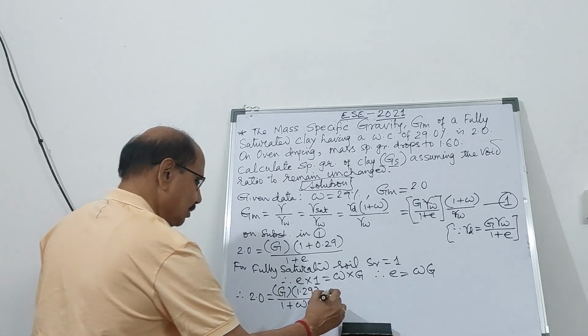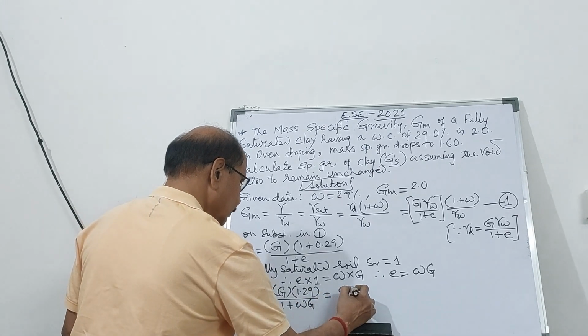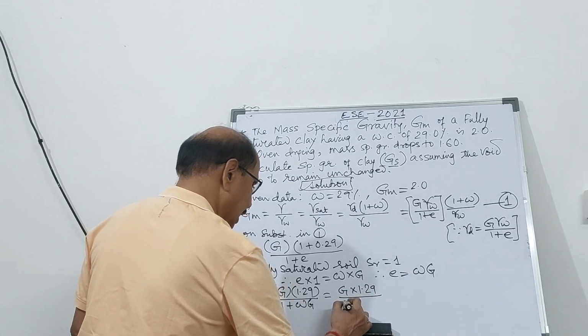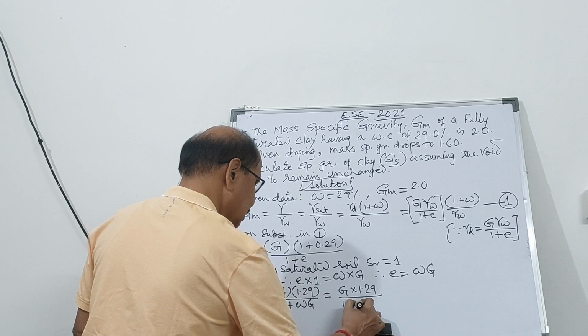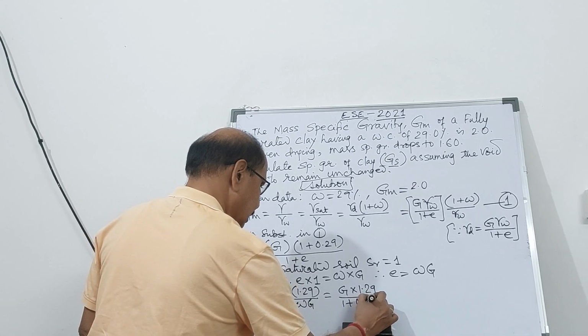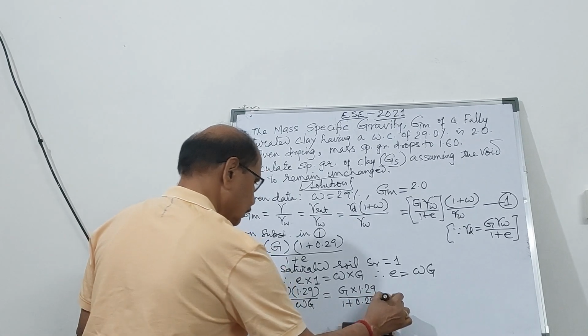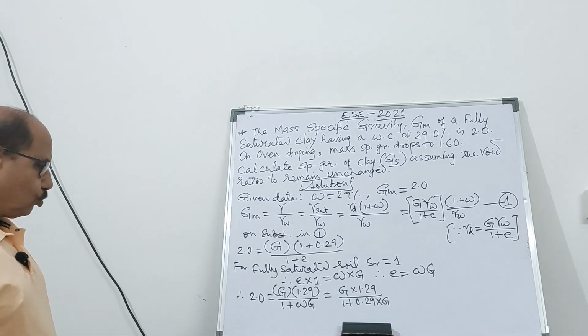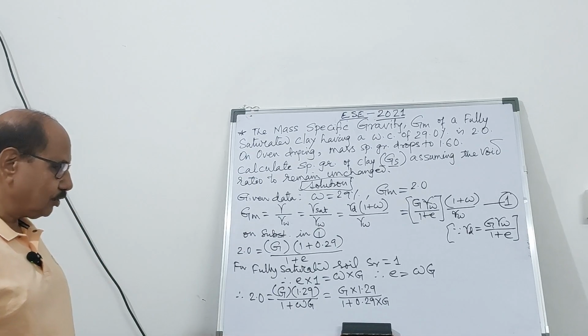If I further simplify, G times 1.29 divided by 1 plus 0.29 times G, so 2 equals this much.